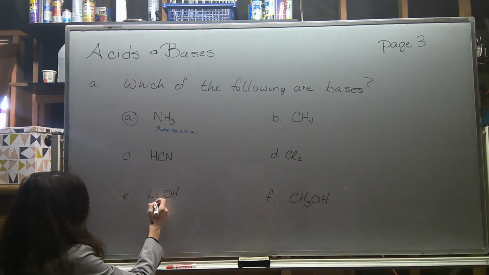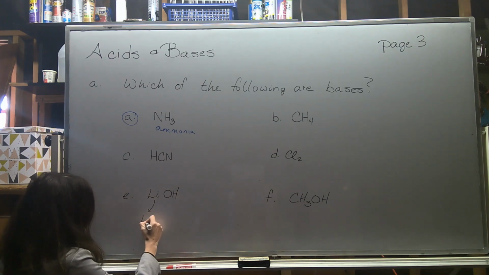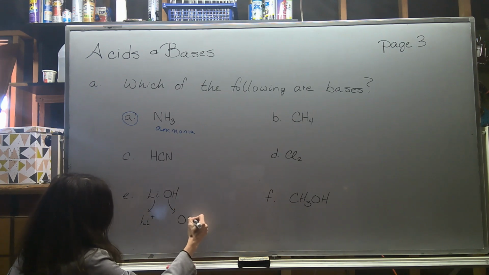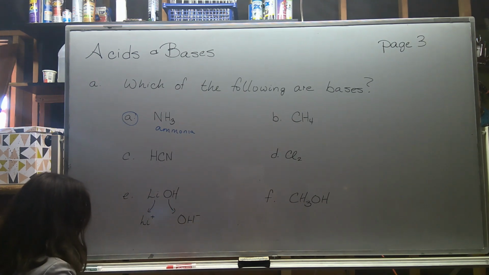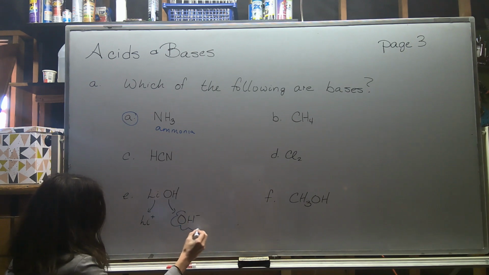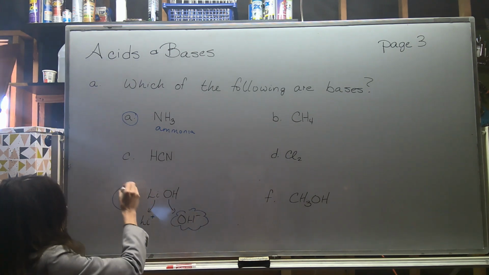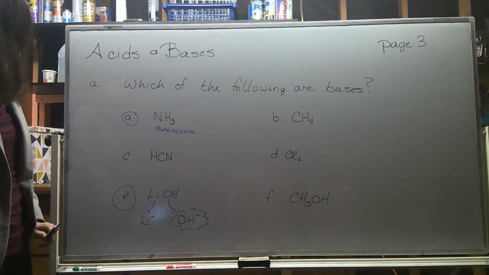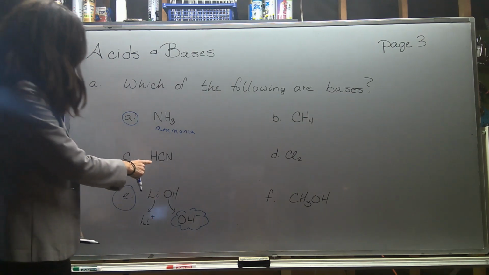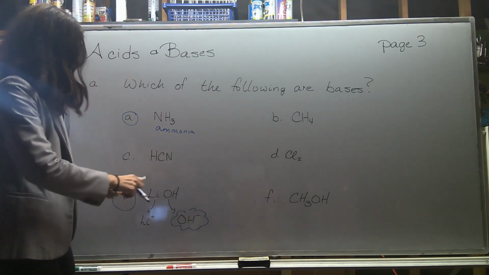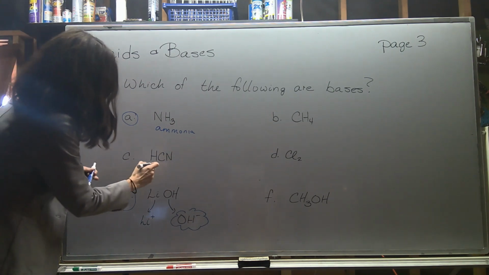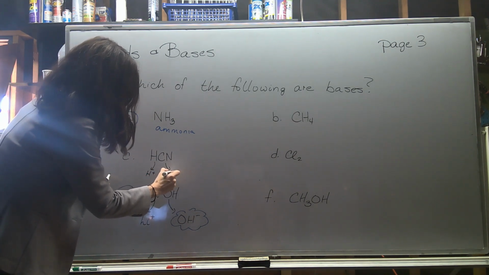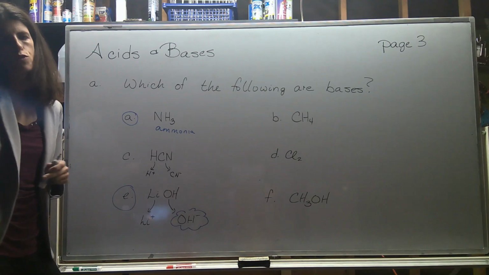So we know that this would break into lithium plus 1 and OH minus 1. The fact that it produces the hydroxide makes it a base. Any other candidates? So we're definitely not going to classify this as a base, because when it breaks up, it breaks into H plus and CN minus. It doesn't produce OH minus.